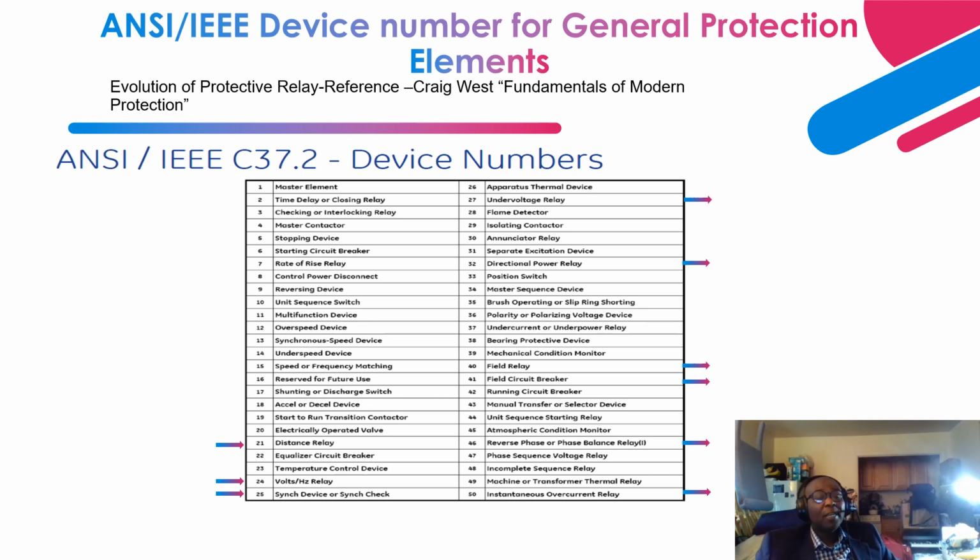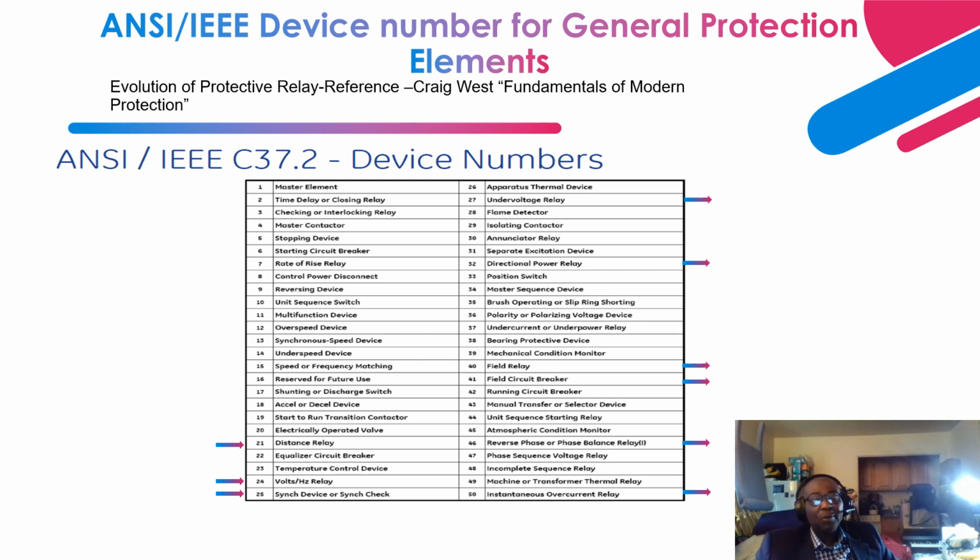If both the voltage and the phase angle come within a certain criteria, then we close the unit breaker. So this is how we utilize this relay to close the unit breaker and integrate the generator to the AC grid. Next is under voltage elements, and that's device 27.